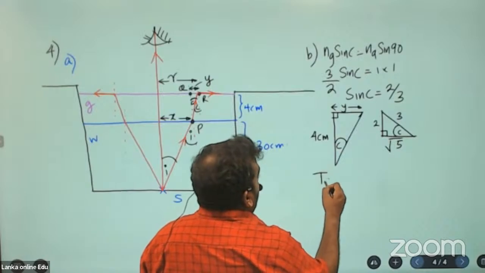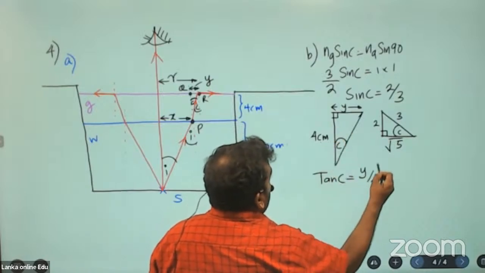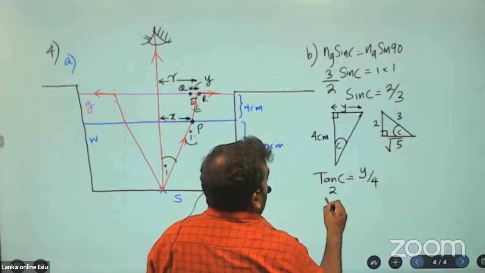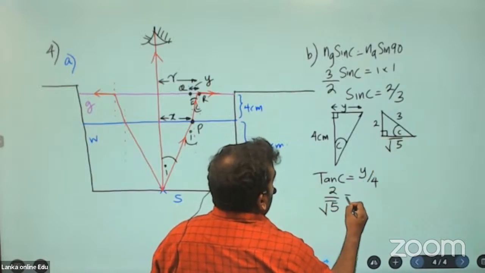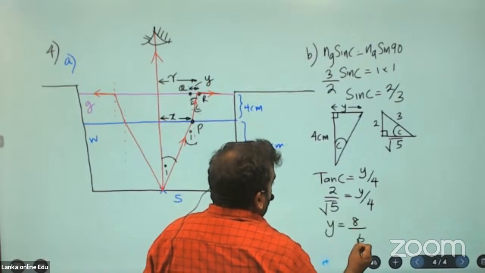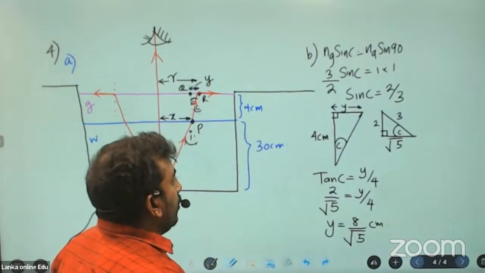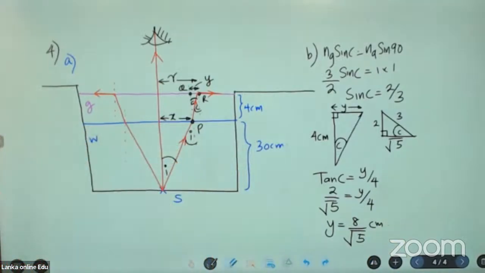So tan C is equal to opposite over adjacent, tan C is equal to 2 over root 5, Y over 4. Y is equal to 8 over root 5 centimeters.